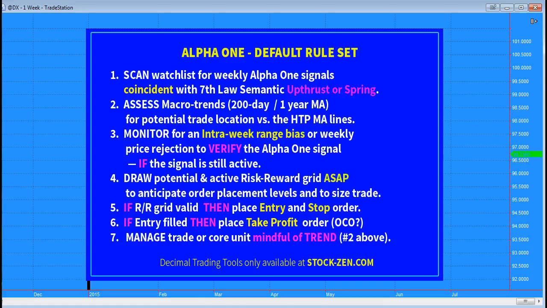Draw potential and active risk-reward grids as soon as possible to anticipate order placement and size the trade. 5. If the risk-reward grid is activated, place the entry and stop order. 6. If the entry is filled, then place a take profit order. And 7. Manage the trade or core unit mindful of number 2 above, which is the macro trend.